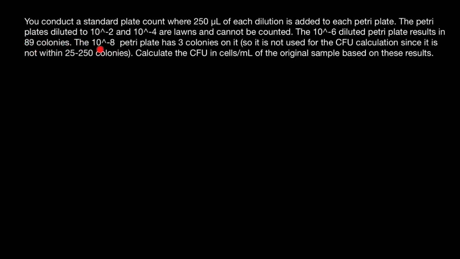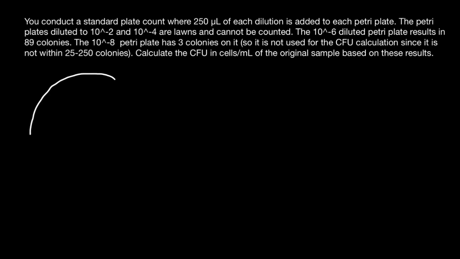The dilution of 10 to the power minus 8 Petri plate has 3 colonies on it, so it cannot be used for CFU calculation since it is not within the 25 to 150 colonies range. Calculate CFU and cells per milliliter of the original sample based on these results.